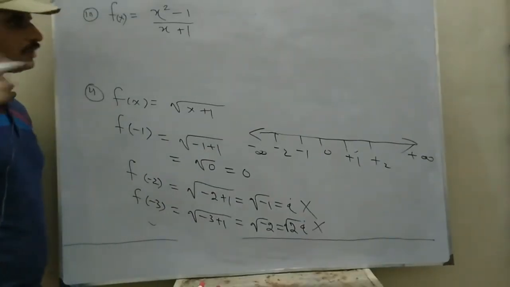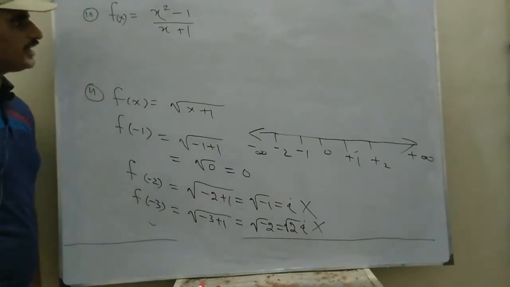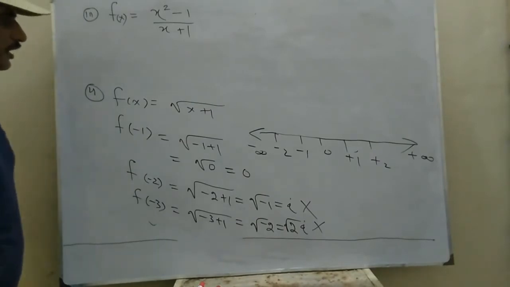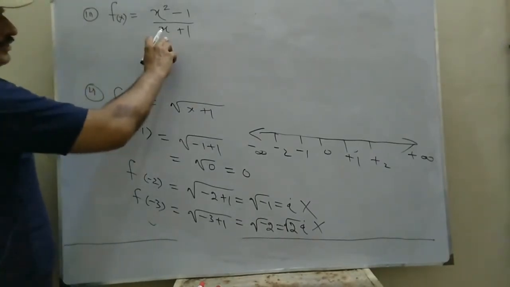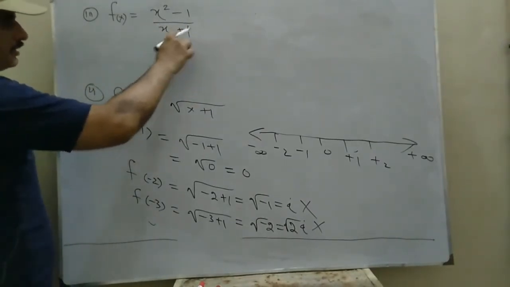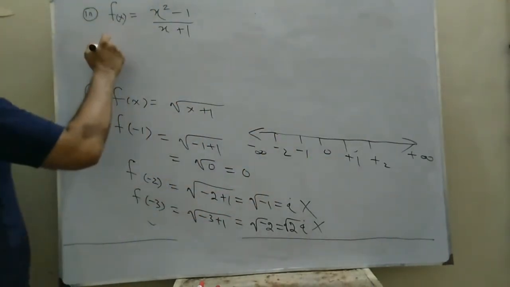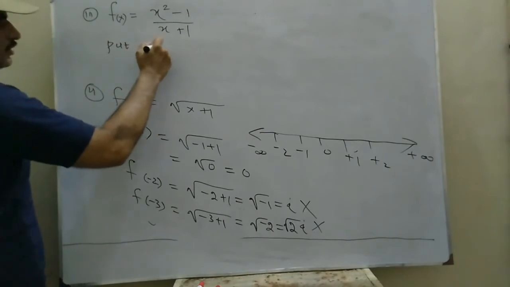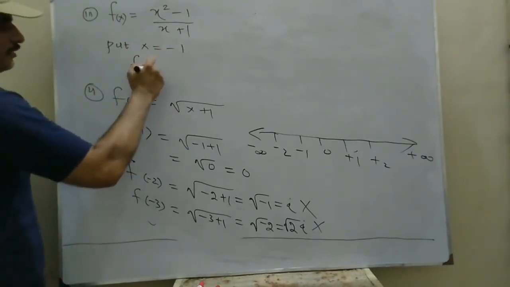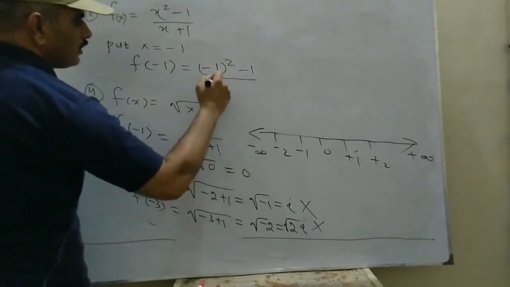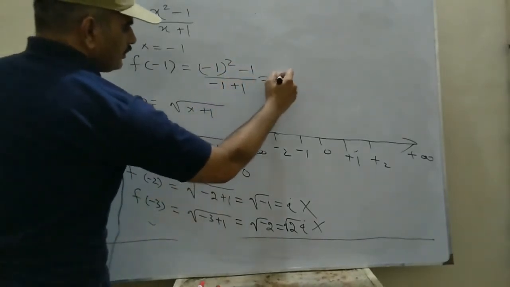Now here is our third example. The function is x square minus 1 over x plus 1. It is also a rational expression, and you will not put any value in the denominator which makes the denominator 0. If we check the number line, if we put x is equal to minus 1, the result will be minus 1 square minus 1 over minus 1 plus 1, that is 0 over 0.